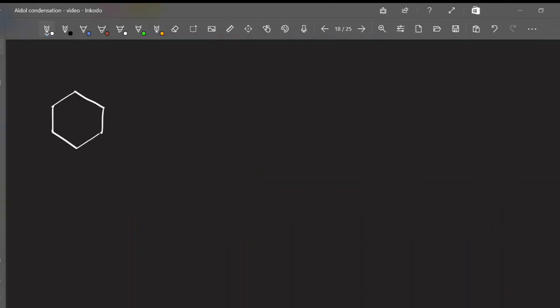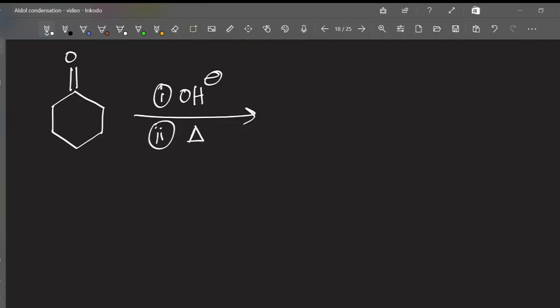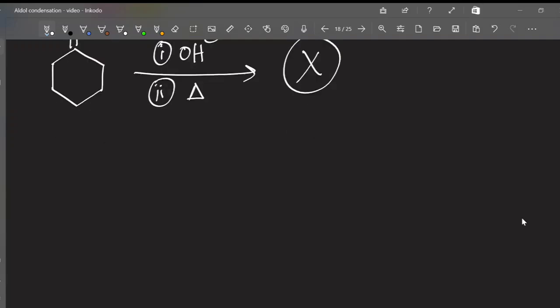Suppose we have cyclohexanone, and now again we are going with two steps. Suppose we are getting a product X, and how many pi electrons are present in the compound X? This is the question asked previously in JEE. Nothing you have to do. Come on, point out the oxygen and the acidic hydrogens towards the oxygen.